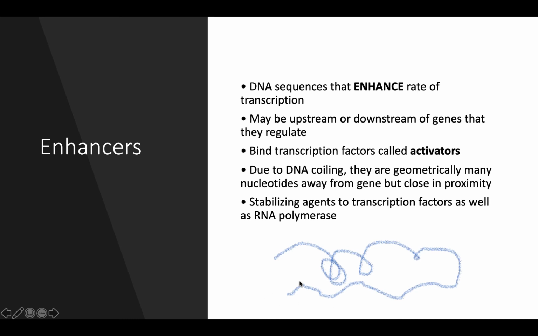شو بيعمل؟ how does this sequence, how does it improve or increase the rate of transcription? They bind what is called transcription activators. هذول transcription activators هم تبعان transcription factors that are called activators that improve the transcription. شو بيعملوا؟ they stabilize the transcription factors مع ال RNA polymerase on this region. فبضلوا يعملوا they keep pumping out messenger RNA and then make sure that the messenger RNA is produced.